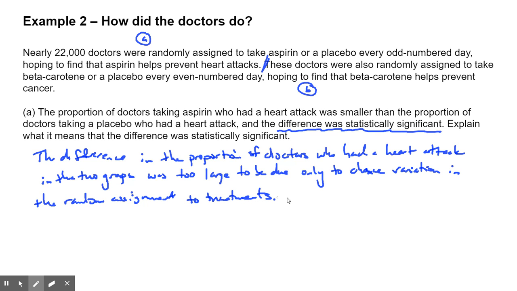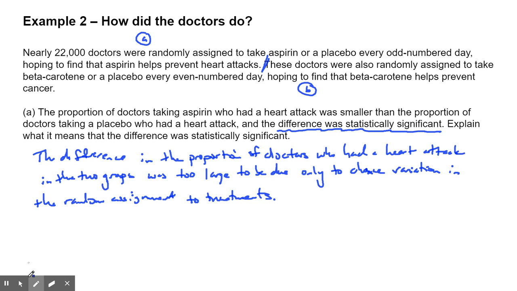So again, it didn't matter how the groups were broken up. The difference was so significant that despite maybe the differences between the groups, those were negligible. It was, in fact, what we were aiming at, the treatments, aspirin versus the placebo. Okay? So again, it's this idea of can we eliminate all of the chance variation, all the other differences between the two groups, and focus solely on the treatment?